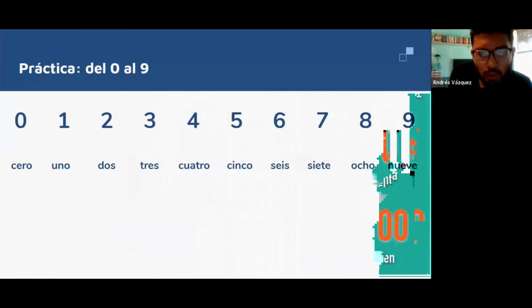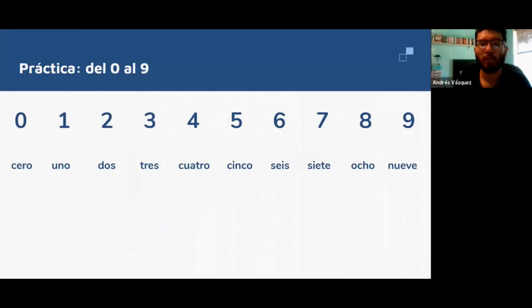So going back to the numbers that we talked about at the beginning, which in my opinion are the most important, again, because these are the ones that are going to help us come up with higher or larger numbers, and that is especially 1 to 9, no? 1, 2, 3, 4, 5, 6, 7, 8, 9.